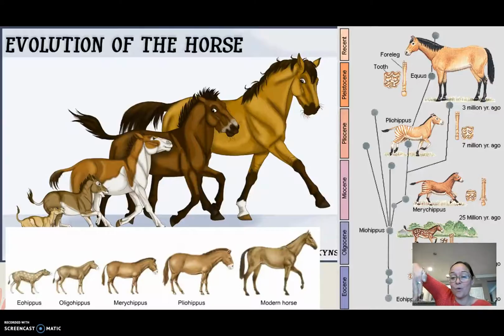The ancestor to horses had 5 digits, 5 toes. Over time, some of those became little slivers of bone on the side, like vestigial structures. And then eventually it got down to 1 finger.